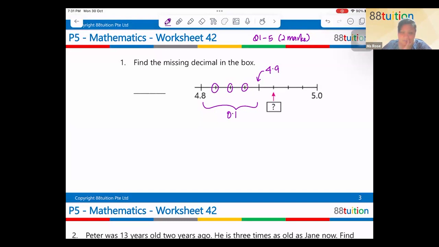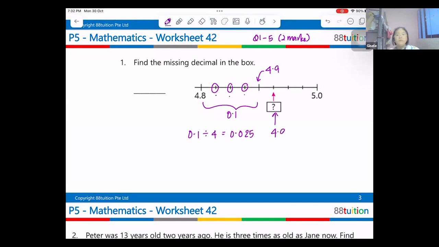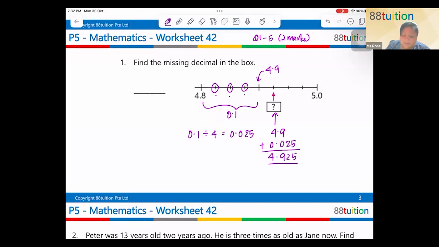There are 4 gaps. So what's the value of each one of them? 0.1 divided by 4 gives me 0.025. Then add with 4.9. So this is 4.9 plus 0.025 to give me 4.925. You don't need to round off. They didn't ask you to round off anything.